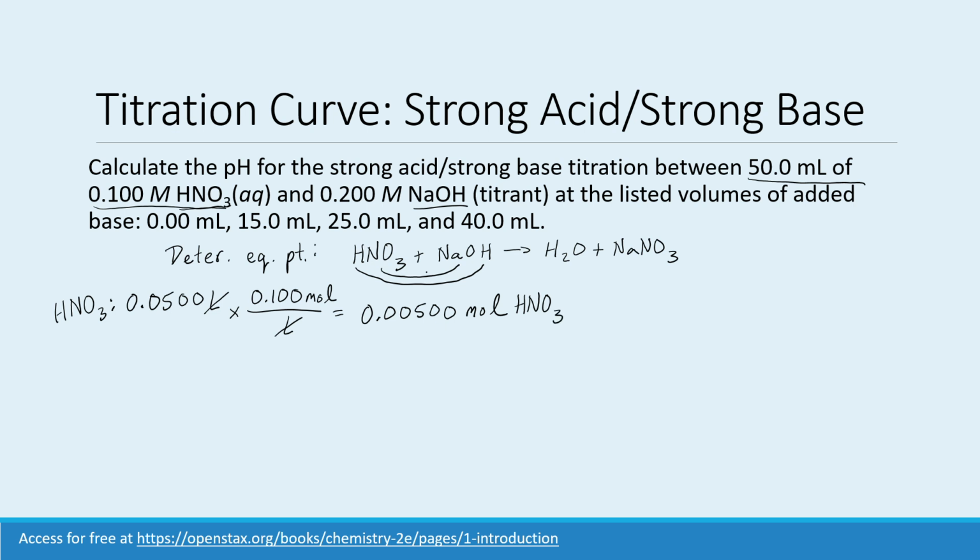Okay, well, if everything is a 1-to-1, if that is my moles of nitric acid, then I need exactly 0.005 moles of sodium hydroxide to react with that. So I know the moles of sodium hydroxide that I need, and I also know the concentration of the sodium hydroxide, right? So I can use moles and molarity to find the volume of sodium hydroxide at that equivalence point.